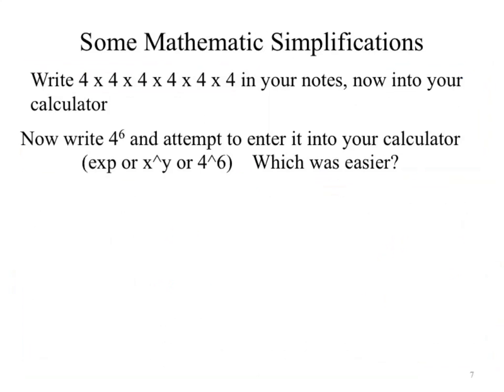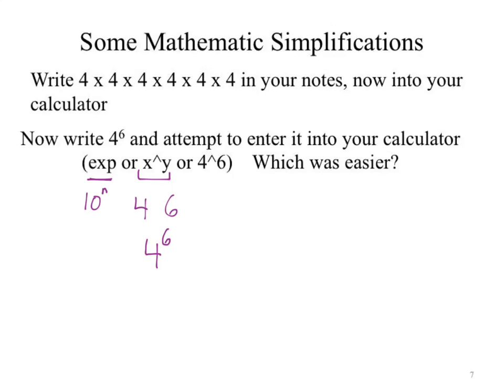You might find something marked EXP, which I'm pretty sure in most cases refers to a power of 10. You might also see an x to the y button. So you could enter 4, push that button, and then push 6, and mathematically that gives you 4 to the power of 6.